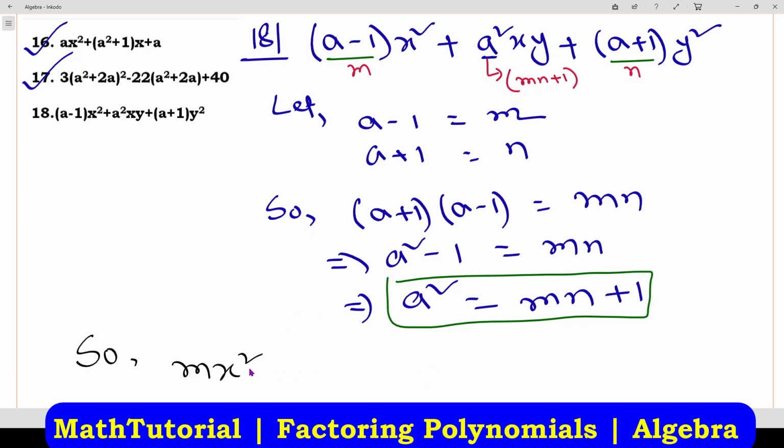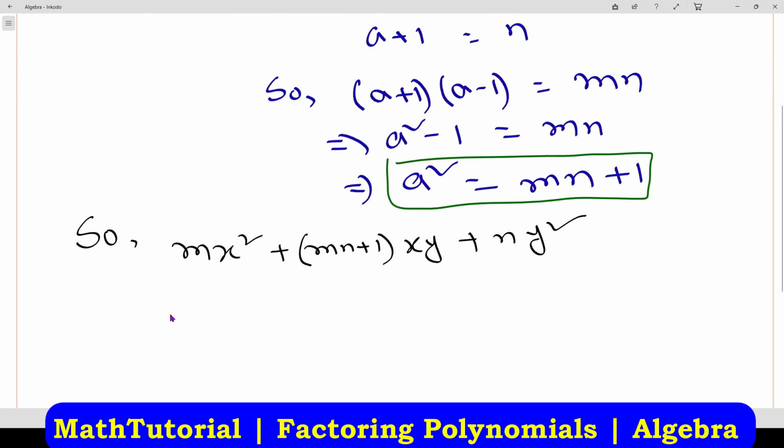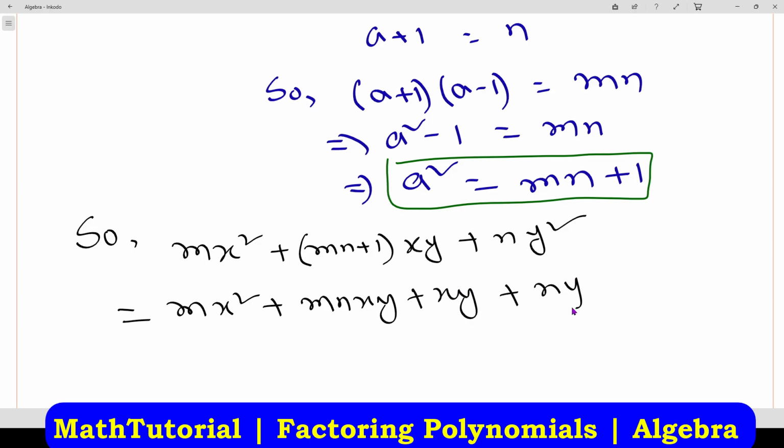So here is m x square, then plus a square, which is (mn plus 1), times xy, and then plus (a plus 1) y square, which is n y square. Okay, now we will multiply everything. Here is m x square plus mnxy plus xy plus n y square, right?